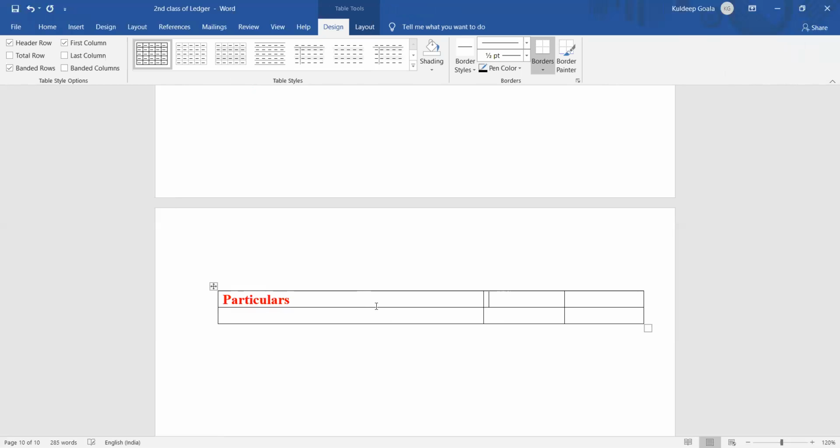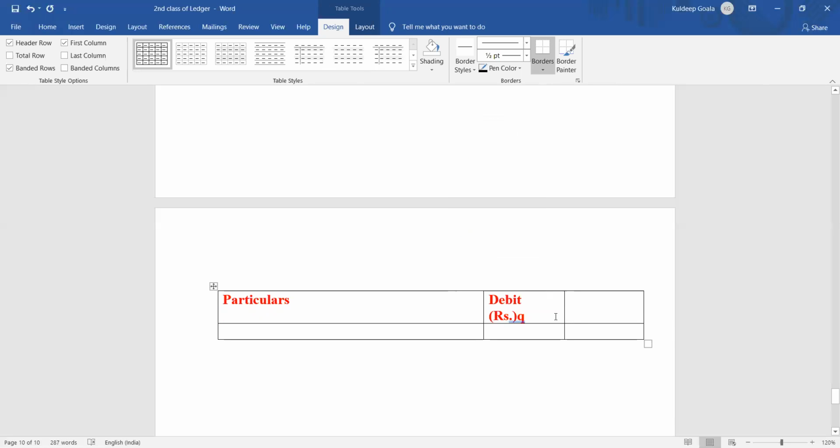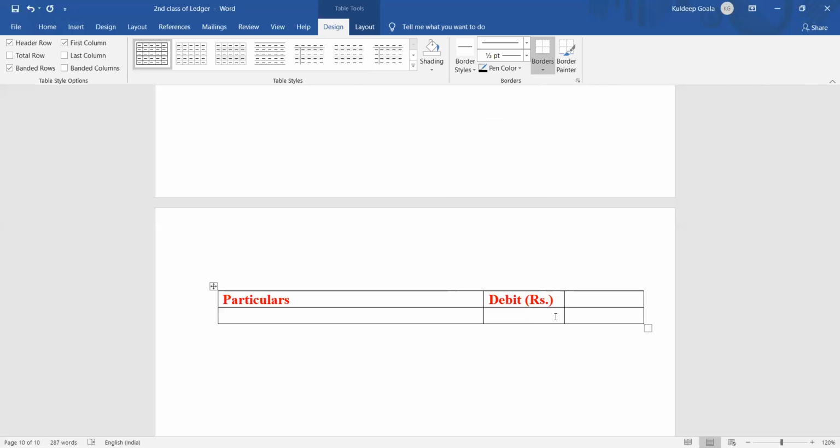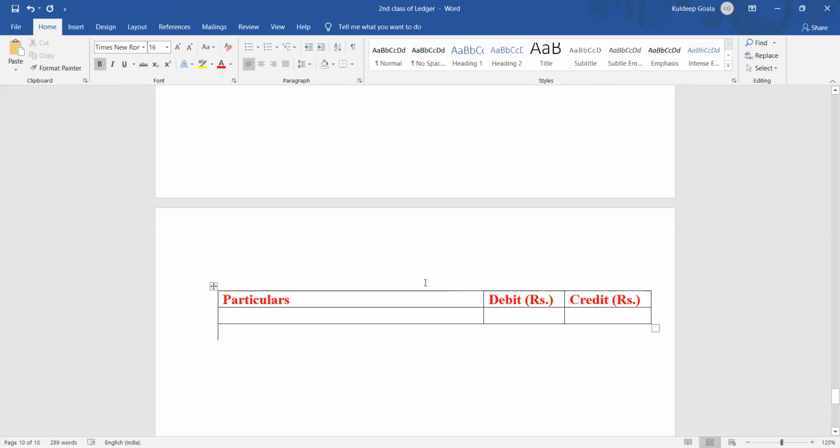Particulars, then the debit column, and in the bracket, the figures are going to appear in rupees. The other side we have the credit column. Obviously the figures are going to appear in rupees, right? So this is the format.